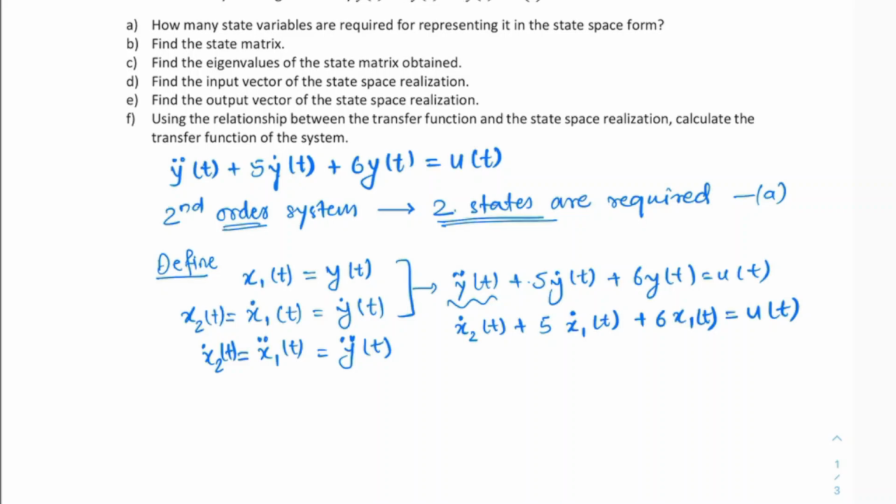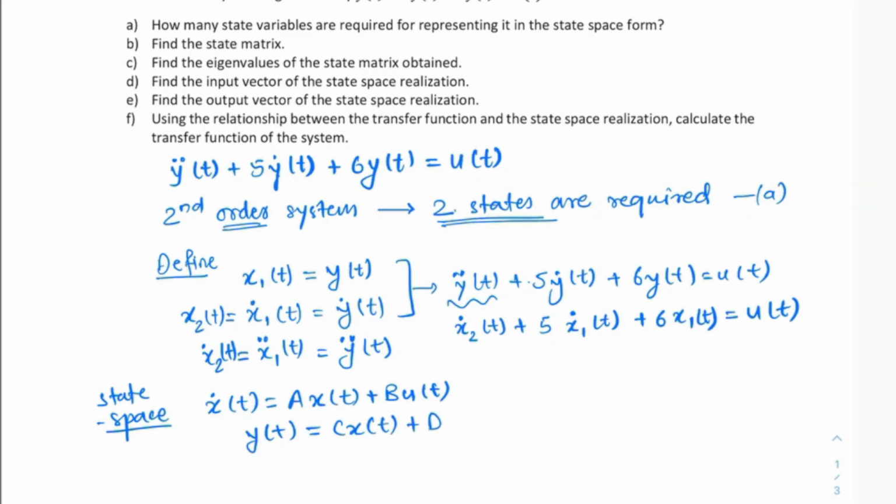If you remember from the class, state space representations are of the form x dot of t equals A x of t plus B u of t, and y of t is equal to C into x of t plus D into u of t. So these are the two equations which define state space.